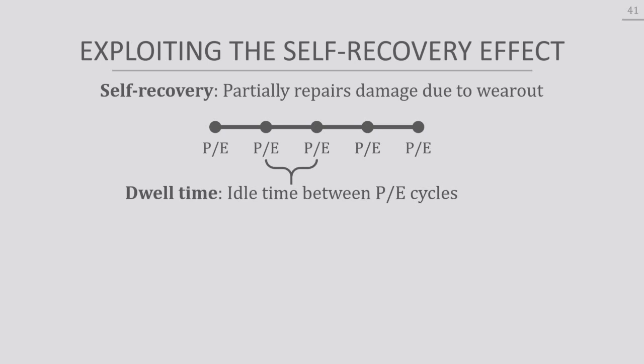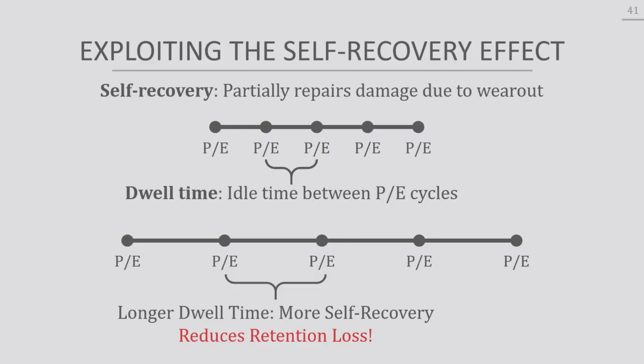And the self-recovery happens during the dwell time, which is the idle time between consecutive program or erase cycles. So it turns out the self-recovery is correlated with the dwell time. So if you have a longer dwell time, it means that the flash cell can recover even more. And this more recovery means that you can reduce the speed of retention loss dramatically.